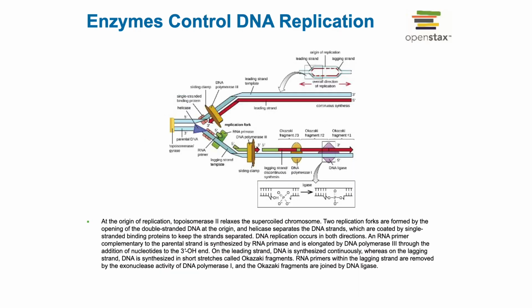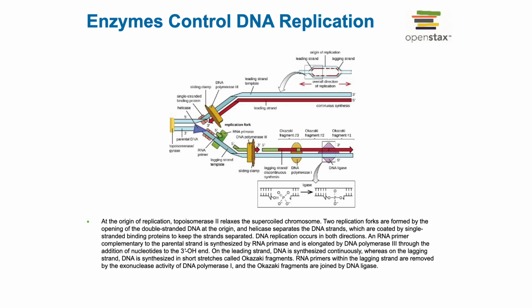Again, there are tons of details that were figured out in how this is done. The main enzymes involved are shown in this picture here. For us, the key one is DNA polymerase, which adds and binds together the nucleotides. It makes sure the nucleotides match the existing strand, and then it links them together.